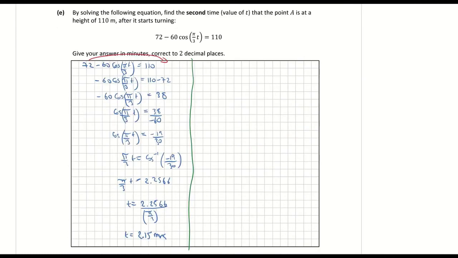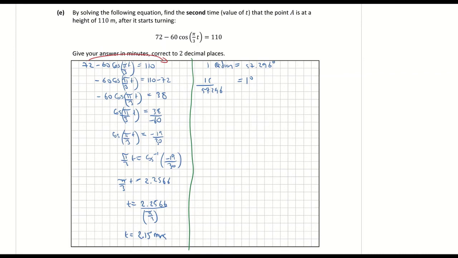So from my log tables on page 13, I know that 1 radian is equal to 57.296 degrees. That's from page 13 in the logs. Now, that tells us then that if I want 1 degree, it would be 1 radian divided by 57.296 degrees.